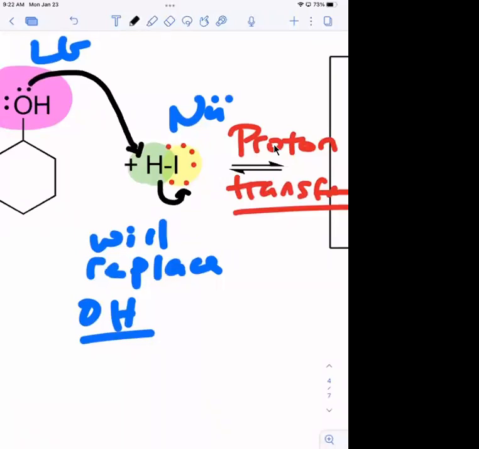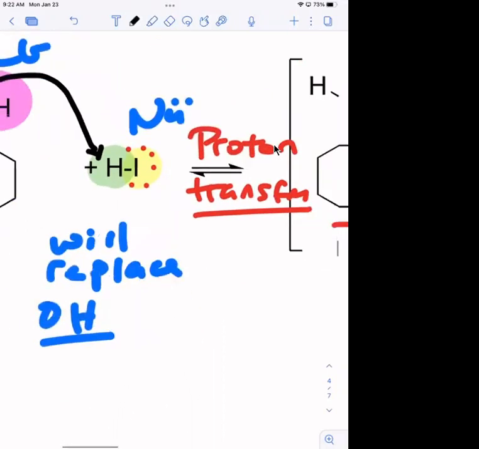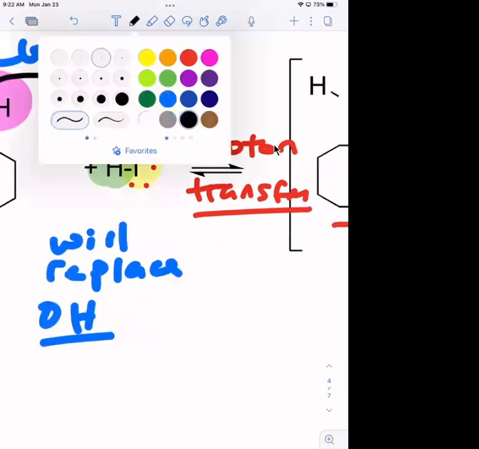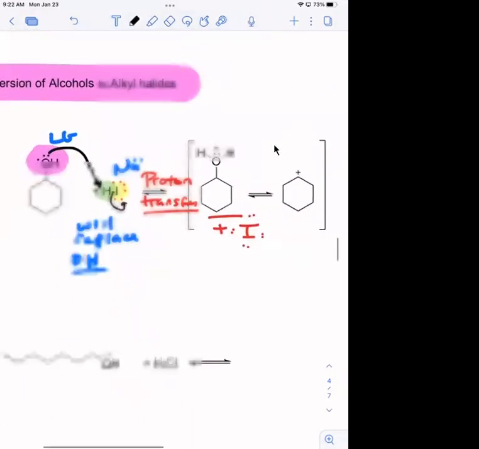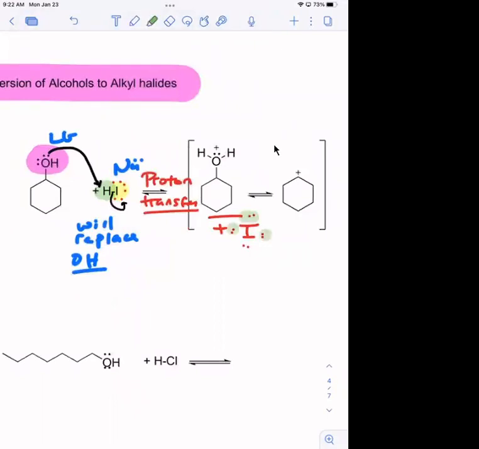If you recall from part 1, this is acid-base chemistry. I have to be more specific: it's the bond between H and I that's breaking, and those electrons are going to iodine. That's how iodine now has 4 lone pairs around it over here.